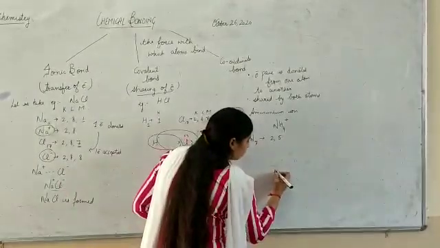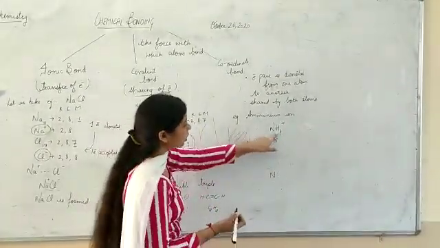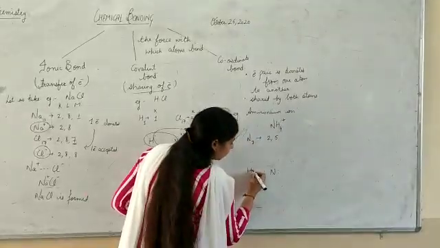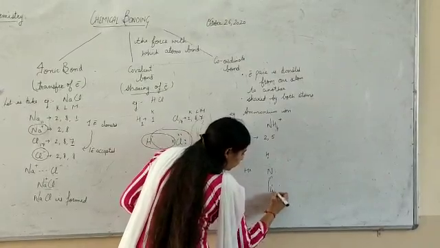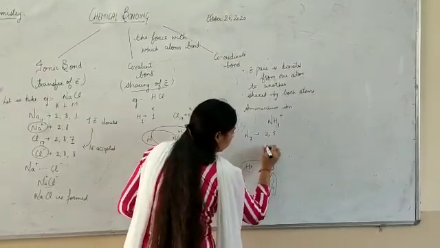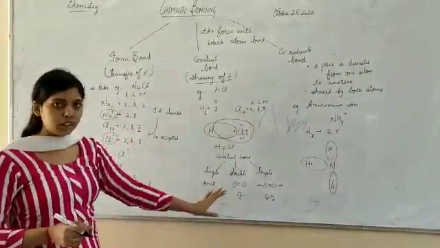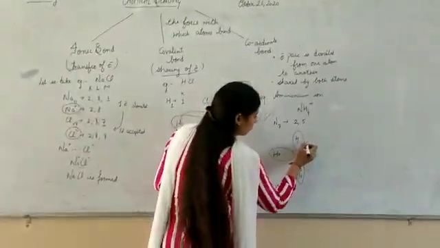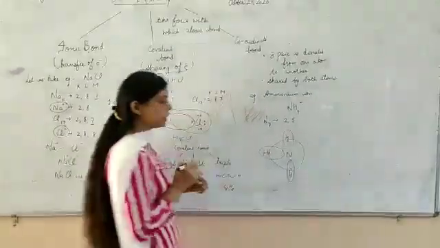Writing the Lewis symbol, we have nitrogen with 5 dots. The 3 hydrogens come here with their 1 valence electron and they will form the covalent bond by sharing of electron, as I have explained how the sharing of electron takes place. Similarly, this nitrogen shares these 3 electrons and completes the octet.